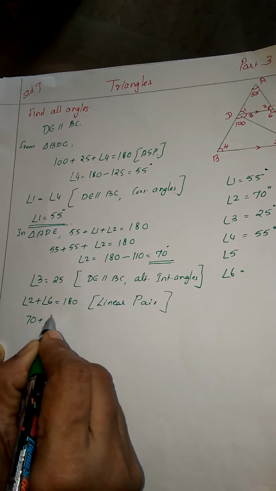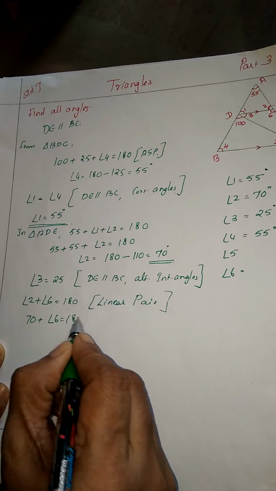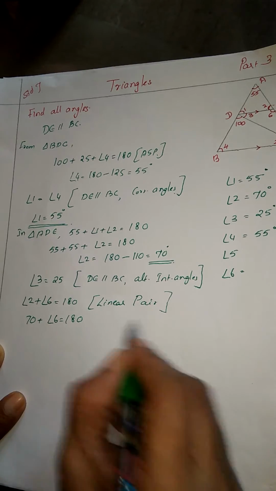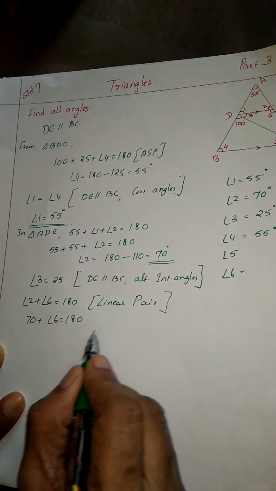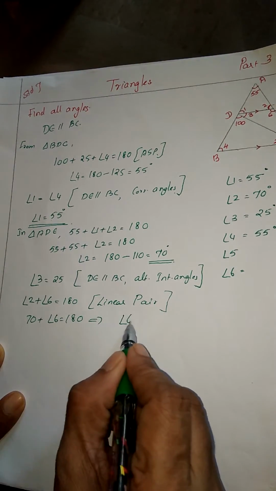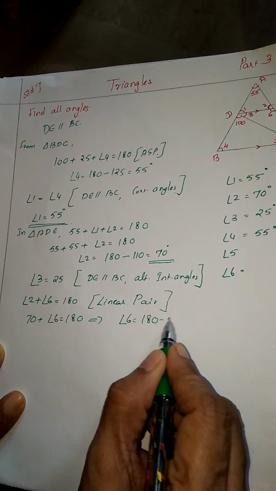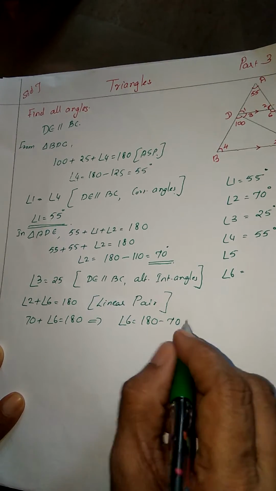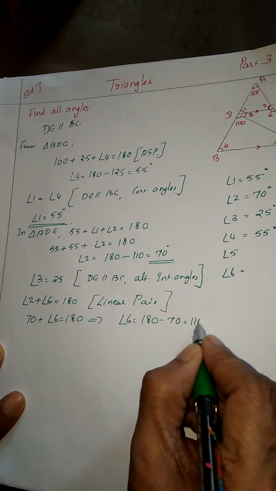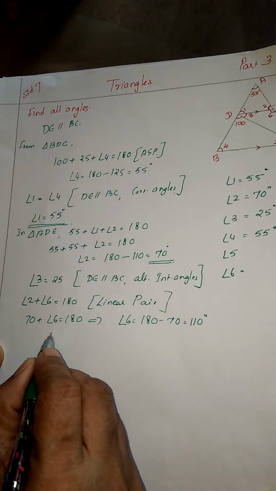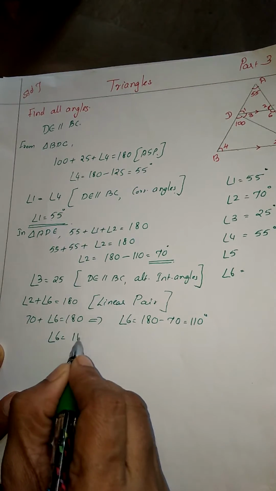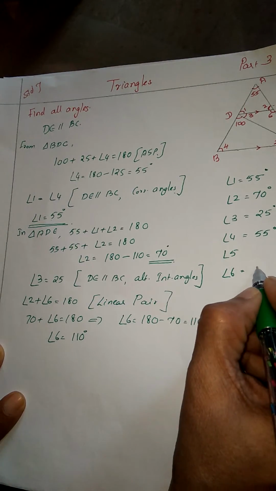So 70 plus angle 6 is equal to 180. From which we'll get angle 6 is equal to 180 minus 70 is equal to 110. So angle 6 is equal to 110 degrees.